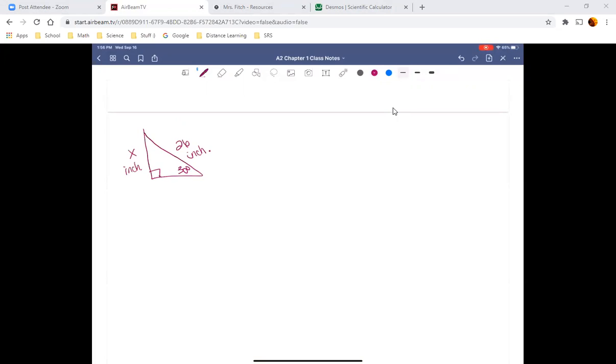So again, we can't use Pythagorean Theorem because we don't know 2 of the 3 sides. So we got to use one of our trig ratios. So we just got to figure out if we need to use sine, cosine, or tangent.